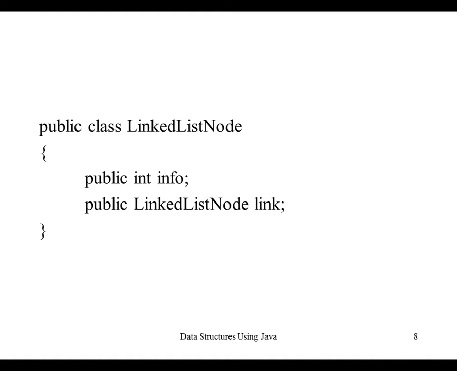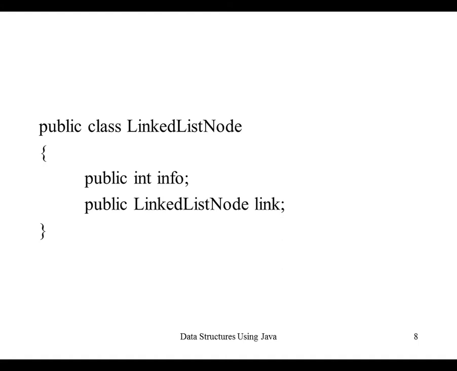Because each node of a linked list has two fields, we need to create a class, say LinkedListNode. The data type of each node depends on the specific application, that is, what kind of data is being processed. However, the link field of each node is a reference variable. In fact, link is a reference variable of the LinkedListNode type.